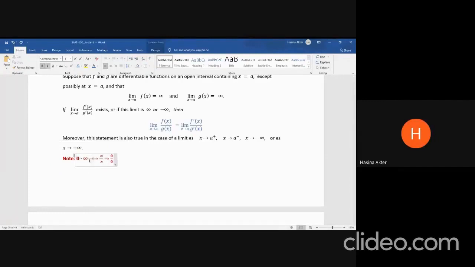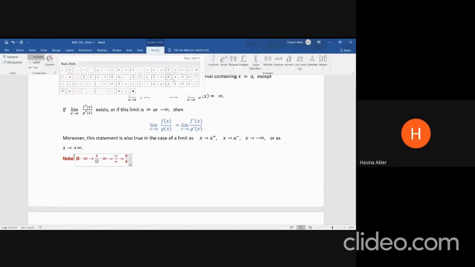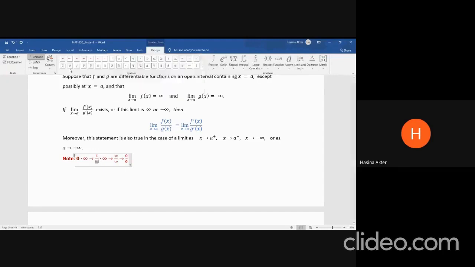So 0 is 1 by infinity, which can be written as infinity over infinity. So 0 times infinity can be written as infinity over infinity, and in that case you can apply L'Hopital's.